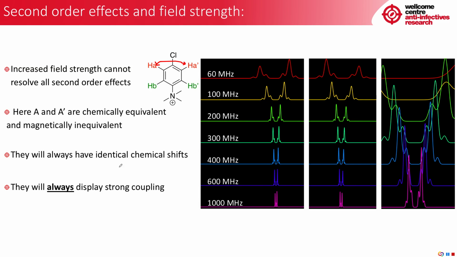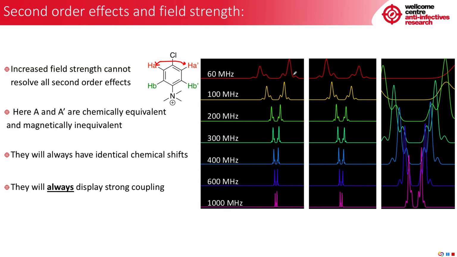This means that they will always be both on top of each other and coupling. They will always display strong coupling, and second order effects will result. And this is independent of the magnetic field strength. And again, we can demonstrate this by simulation. We can see for our 60 megahertz signal our quite distinctive standard second order shape for one of these signals.